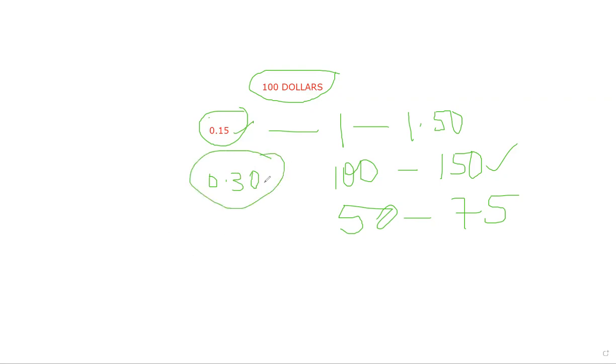Your lot size is now 0.30 indirectly. So 0.30, if it should go against you 1 pip, 1 pip is going to be $3. So 100 pips is going to be how much? $300. Do you get a scenario?